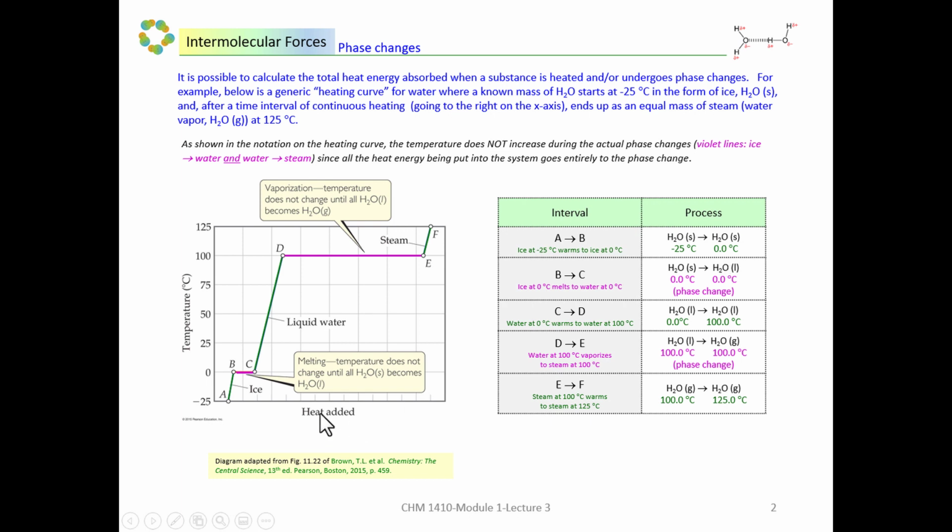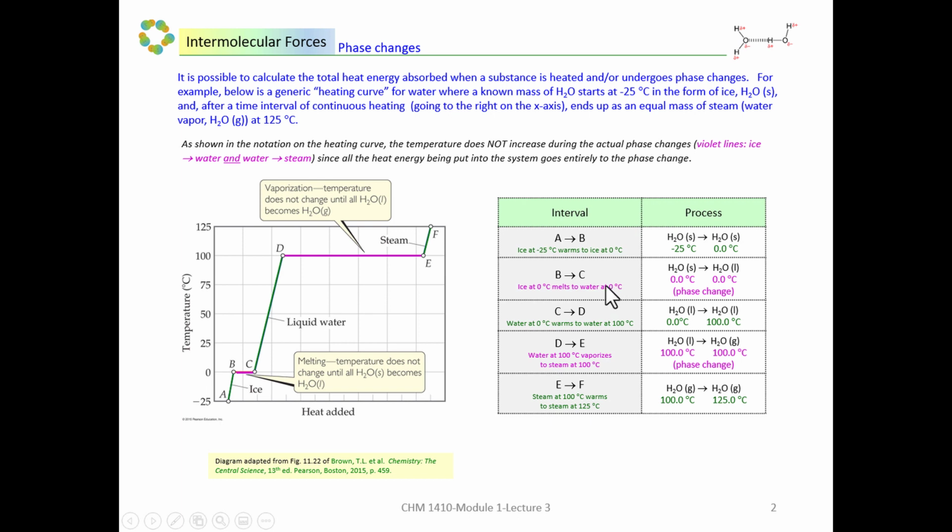That would be the purview of the second interval, B to C, where we have ice at 0 melting to water, staying at 0 degrees C. Remember, during these phase changes, the temperature doesn't change because all of the heat added is going into just that phase change, getting ice to melt to water.